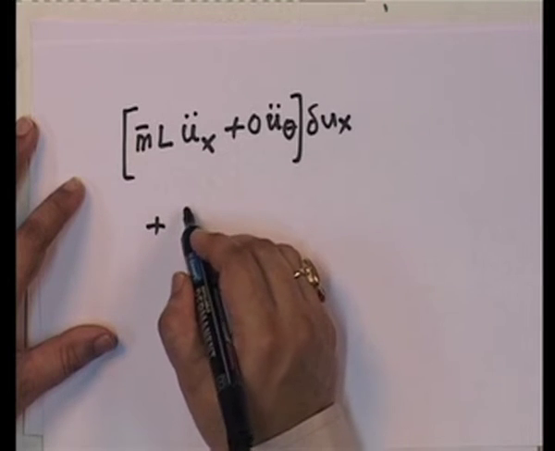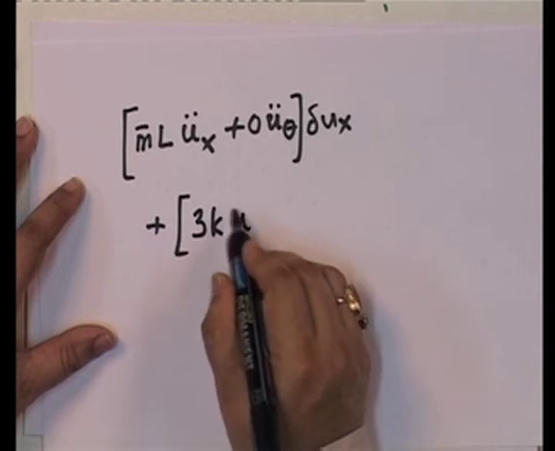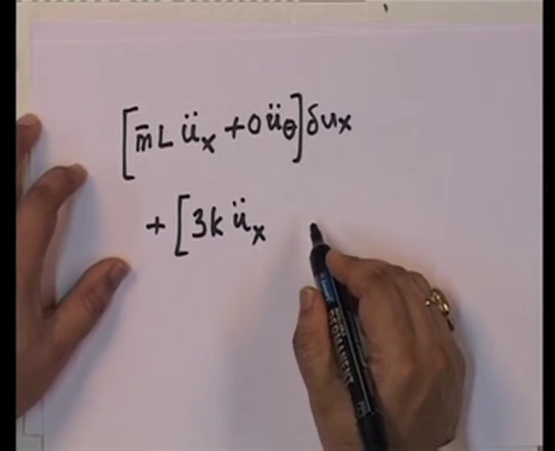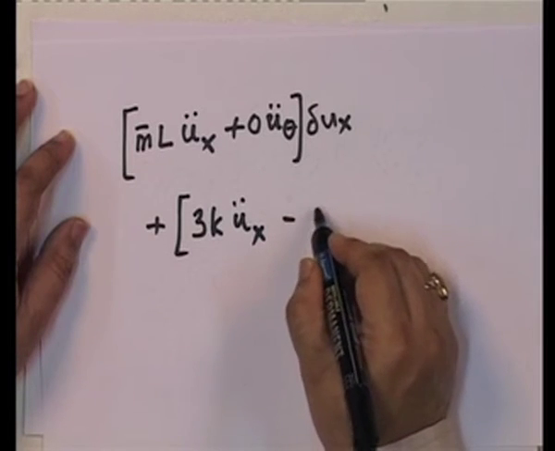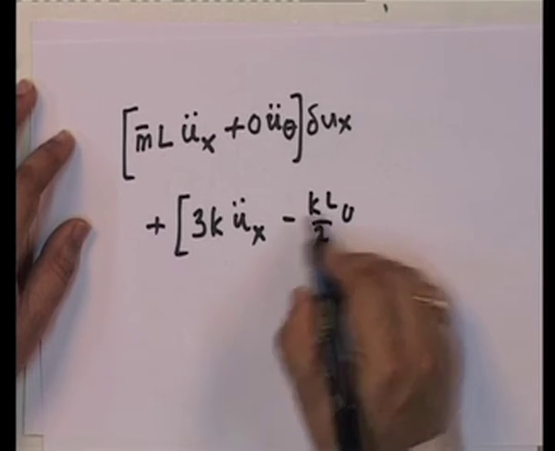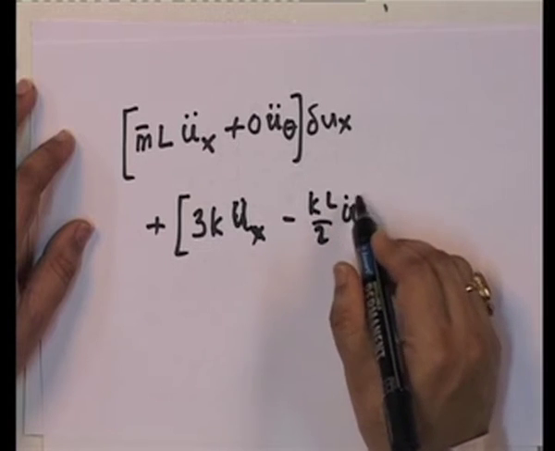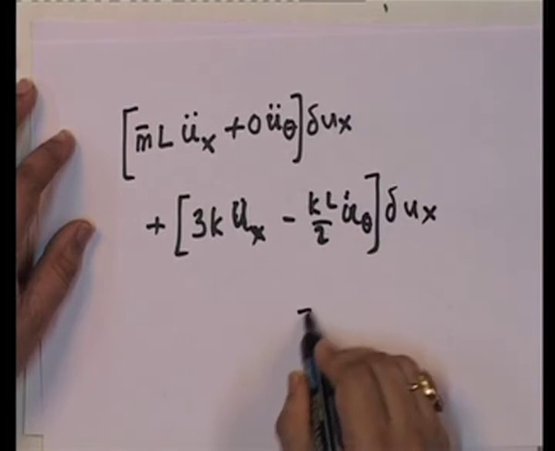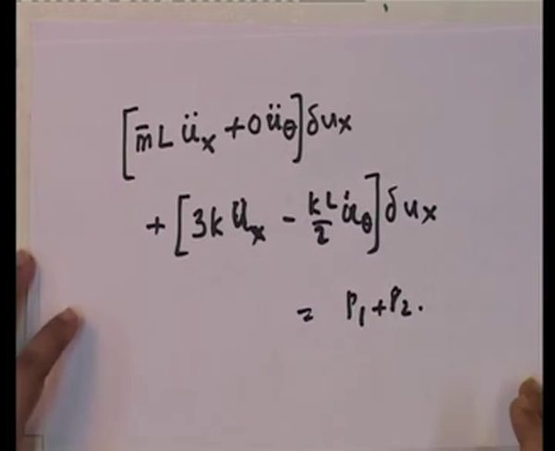So, I get 3k u x, and then I get minus k L over 2 u theta, sorry, into del ux is equal to P1 plus P2.